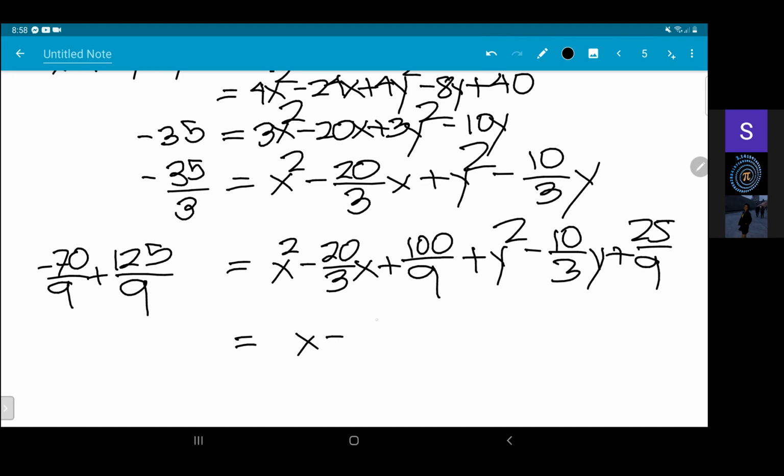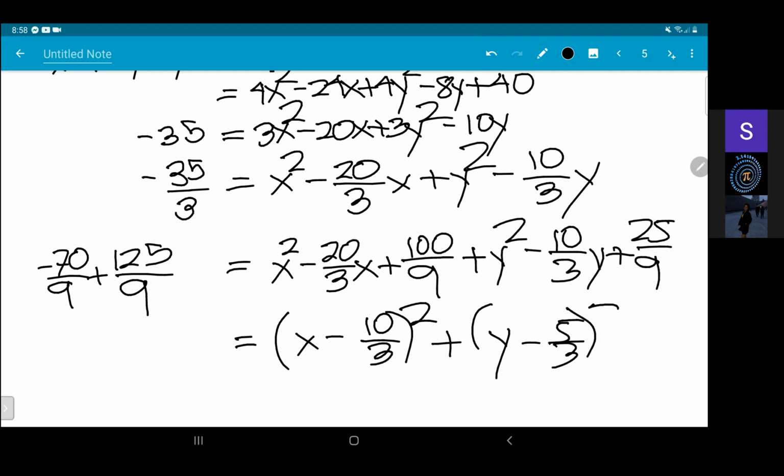So you have minus 10 over... Actually, you don't need to do the whole process of completing the squares. You can just take half of those and the negative to get the center: 10 over 3, 5 over 3.